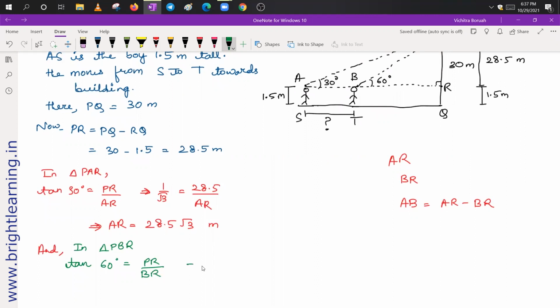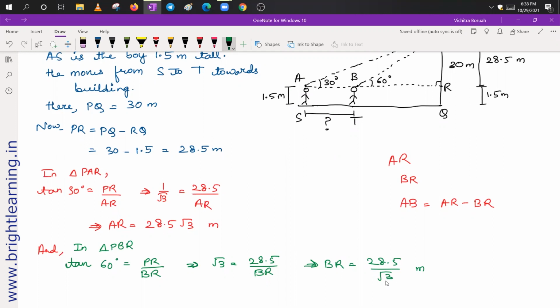Now tan 60 degree, we know that it is equal to root 3. PR is 28.5, and BR we have to find. So from here you will get BR, it is equal to 28.5 upon root 3 meters.